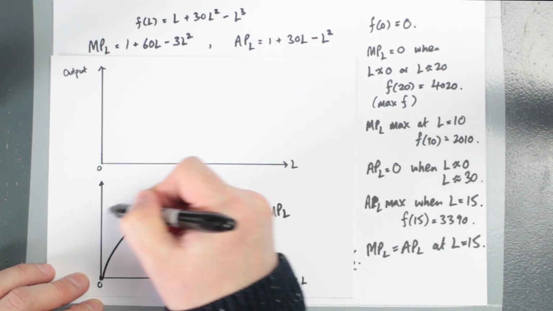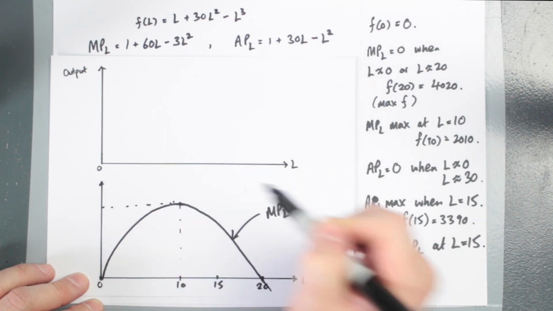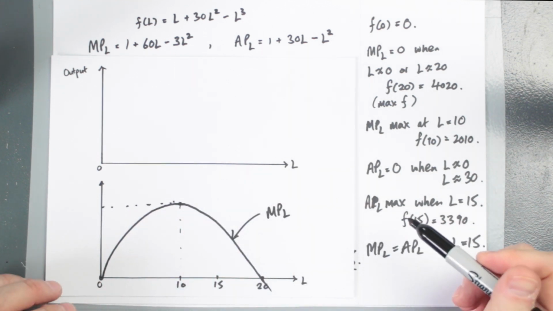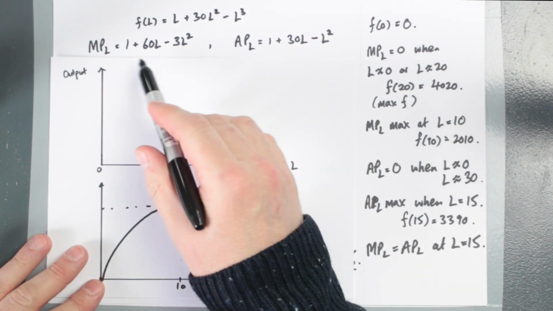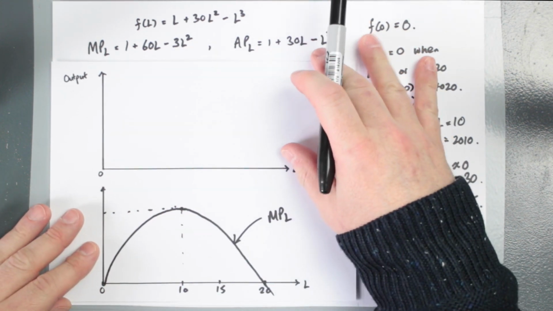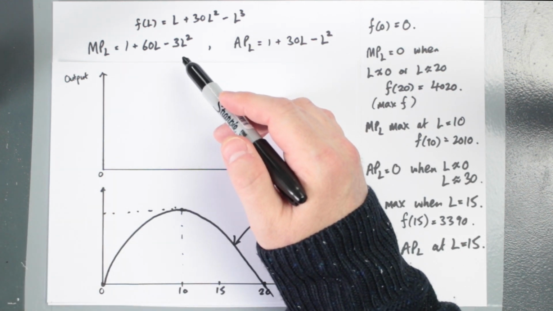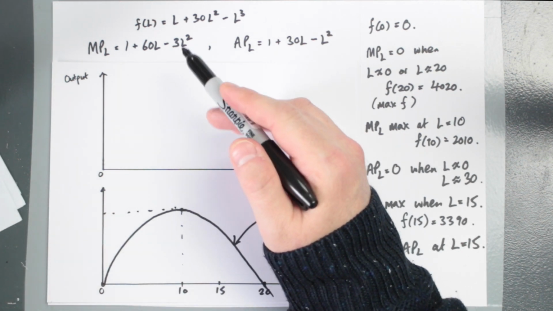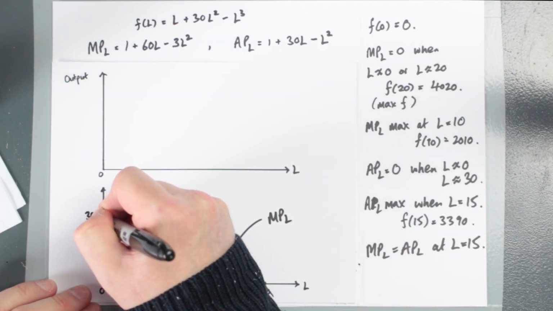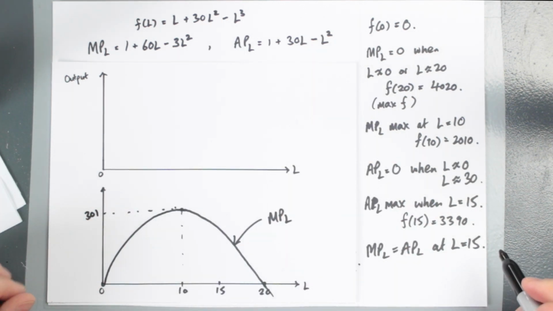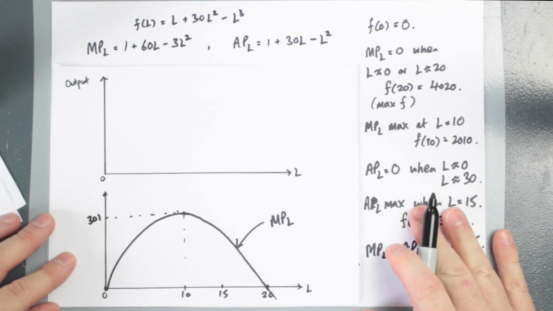I could, if I wanted, calculate the value at the top here. I'd just be plugging 10 into this equation, 1 plus 60 times 10 minus 3 times 10 squared. I think I have written that down somewhere, so that would be 301. Okay. So that's the marginal product of labour.